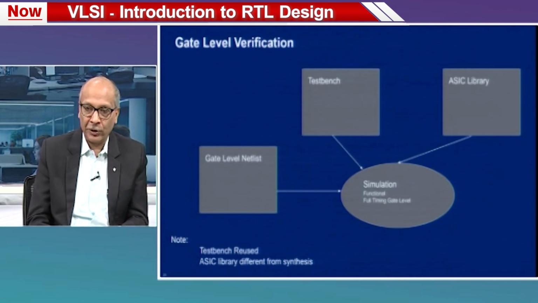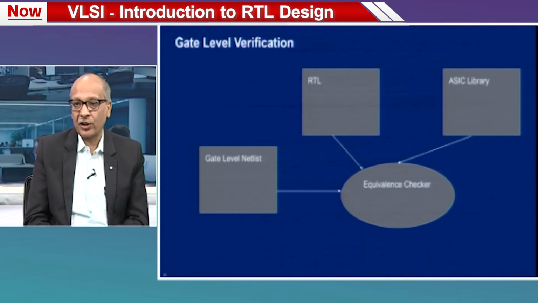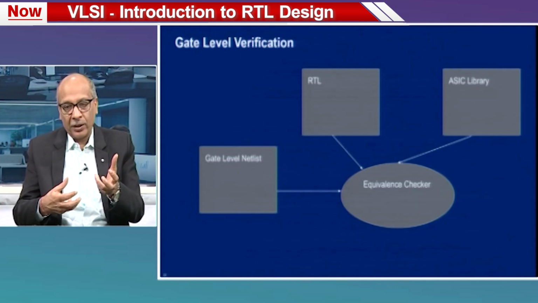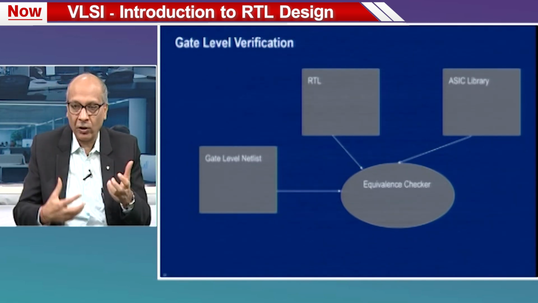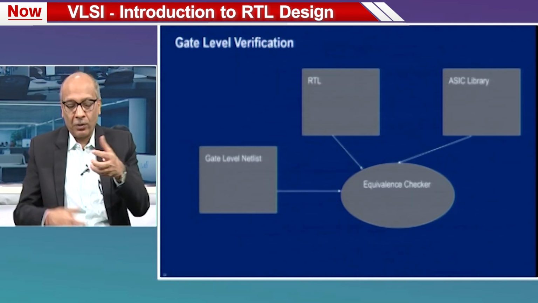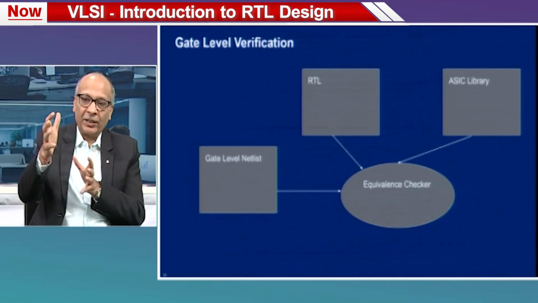So, functional verification we did through simulation. We also use another tool called equivalence checker. Equivalence checkers make use of formal technologies. So, you give it the RTL and you give it the gate level netlist, and you tell it, please see if these two are equivalent or not. So, equivalence checker will use formal analysis methods, and it will tell that these two look equivalent.